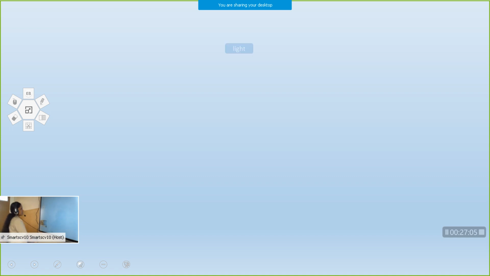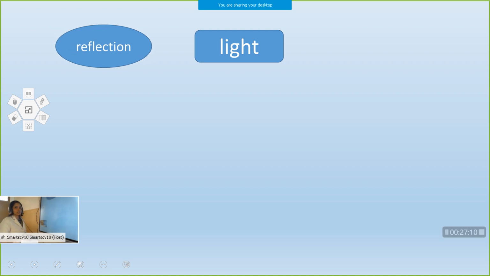Reflection is bending of light when light falls on a plane surface or polished surface, or it is bouncing back of light to the same medium when light falls on a highly polished surface. And the second phenomenon is refraction. What is refraction? It is bending of light when light travels from one transparent medium to another transparent medium.